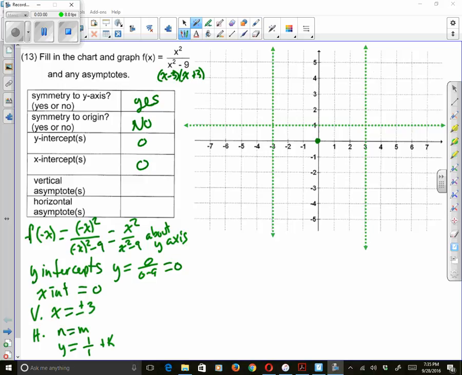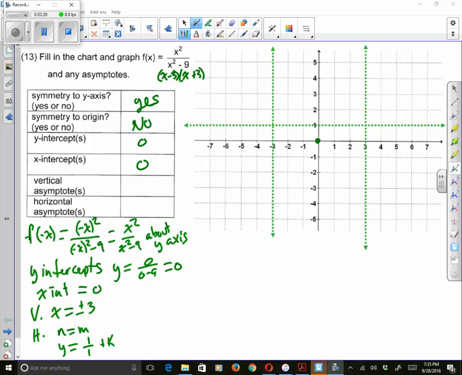Depending on how things show up, if you end up with graphs like this, then you'll have a parabola down here. If you end up possibly with alternating graphs so that they end up like this and like this, then this will end up being a cubic function type thing there. It depends on what you end up with, and the reality is that we'll be able to plot points and figure that out.